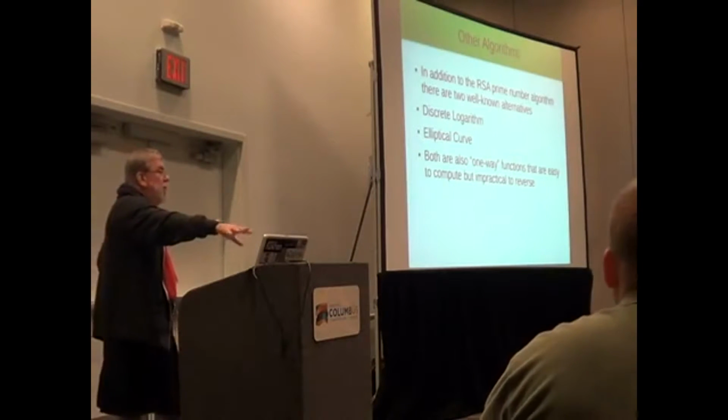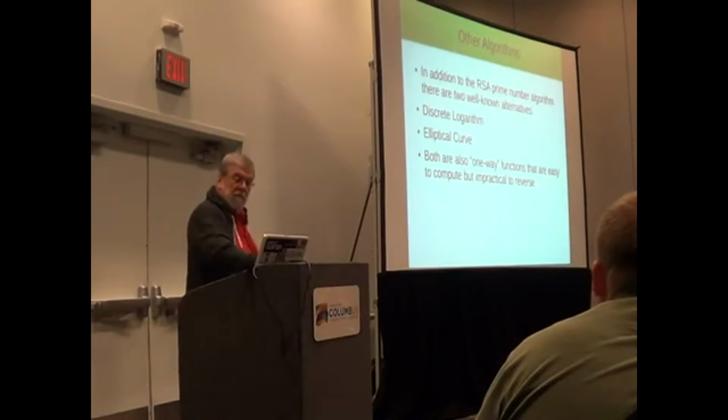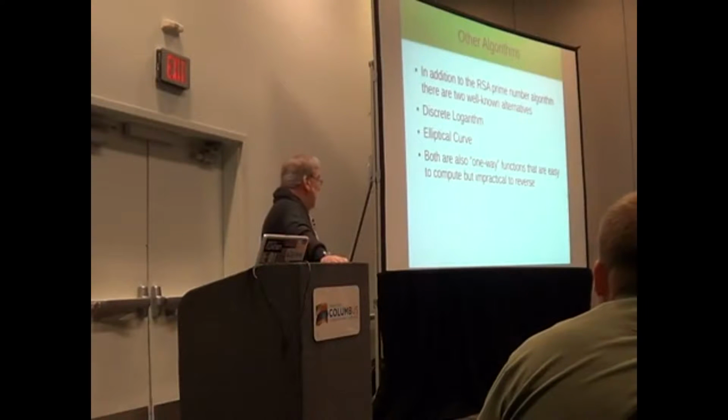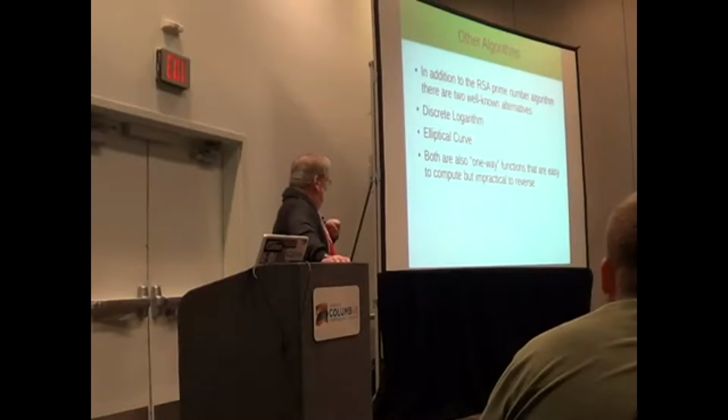Now, RSA is not the only one out there. Discrete logarithm, right? If you are creating a key pair in Linux, at a certain point you'll be asked what kind of key pair do you want to create? And you'll see several choices, and one of them is RSA, which we just talked about. You might see El-Gamal.